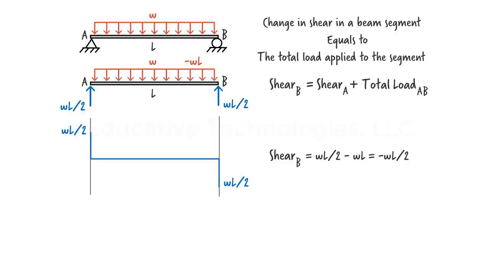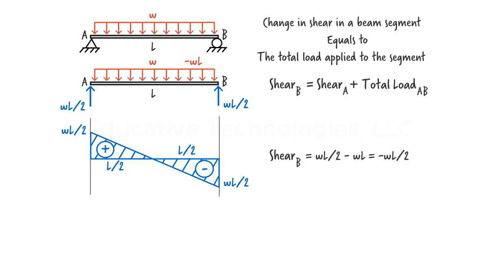Now that we know shear at either end of the segment, we need to draw the curve representing shear within the segment. Since here the load is constant throughout the beam segment, then we draw a straight line connecting the 2 points. That is, shear is linear in the beam. A beam segment subjected to a uniformly distributed load carries a linearly varying shear.